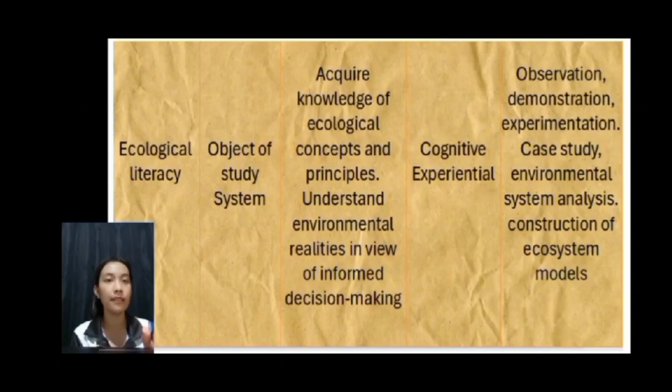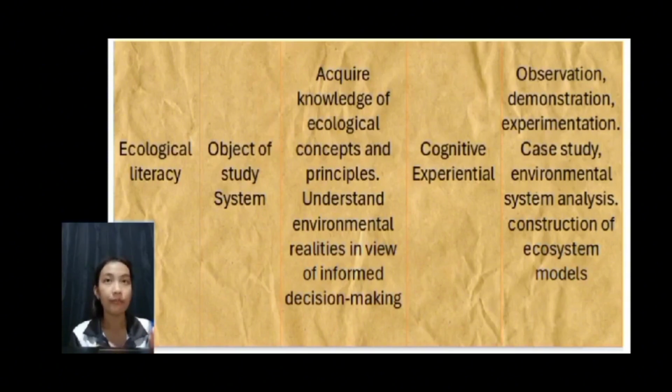The dominant objectives of ecological literacy are to acquire knowledge of ecological concepts and principles, and also to understand environmental realities in view of informed decision making. When we say acquire knowledge of ecological concepts and principles, this involves understanding the fundamental principles that govern ecosystems. It includes concepts like biodiversity, ecological succession, and nutrient cycling. A solid understanding of these principles provides the foundation for comprehending the intricate relationships within natural environments.